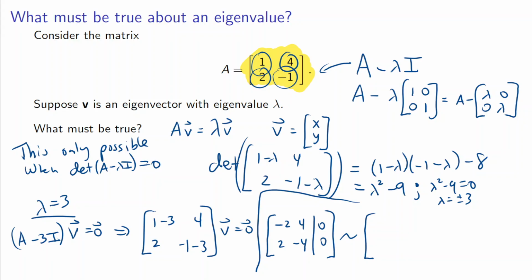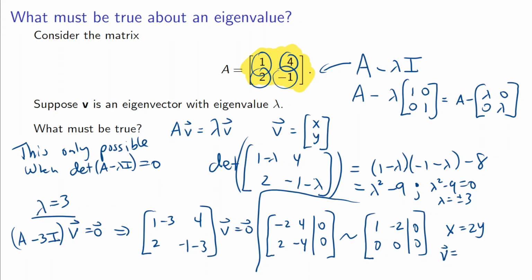So this would row reduce to 1, negative 2, 0, 0, 0, 0. So if v is x, y, as long as x equals 2y, and y can be anything we want, y would be a free variable here, then we get an eigenvector.